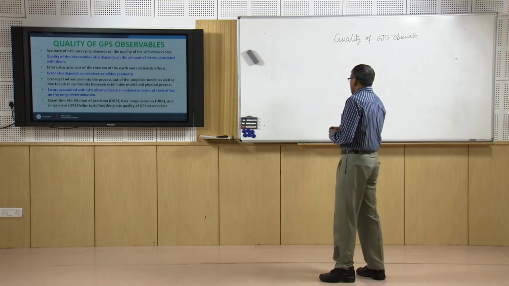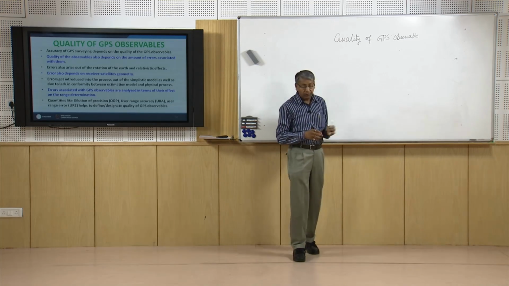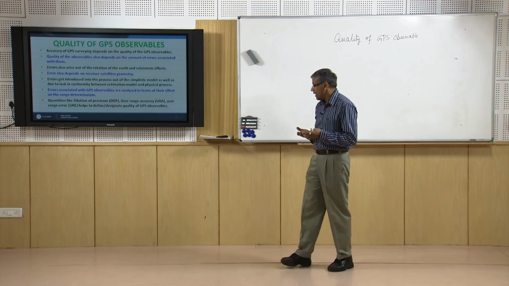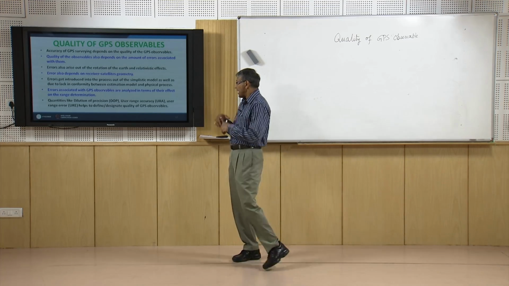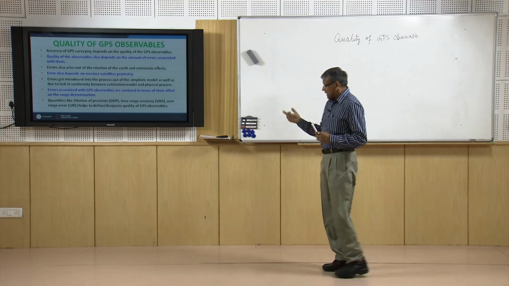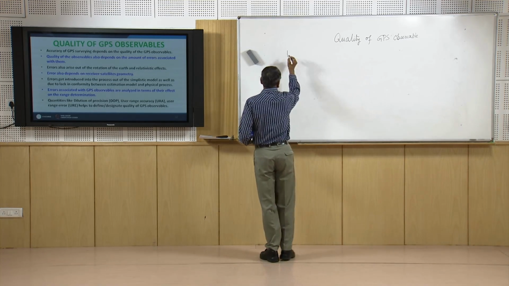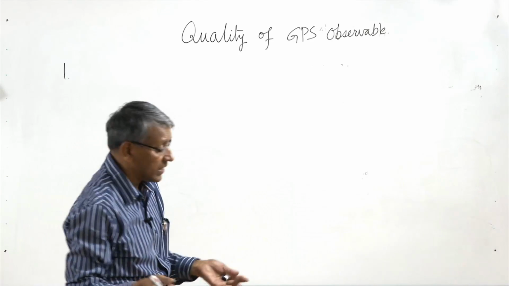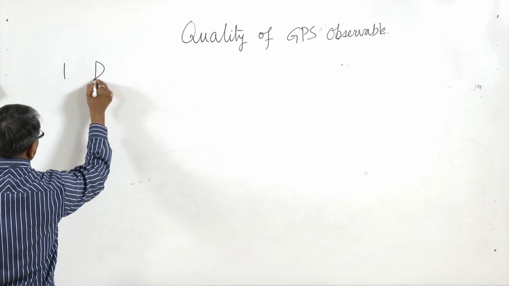Then the models that we use to remove the errors may be very simple and may not represent the physical process, so an error may come. So there may be different sources like that. However, we have some parameters by which we can identify the quality. Number one is dilution of precision.